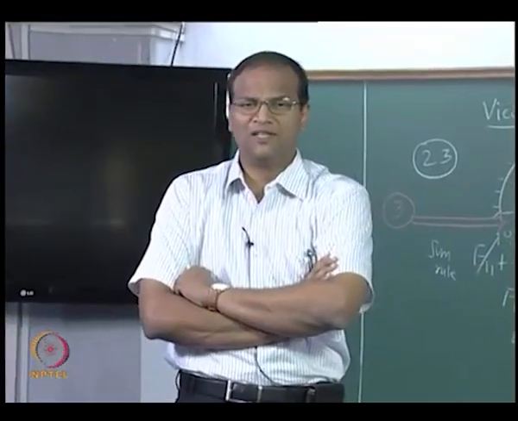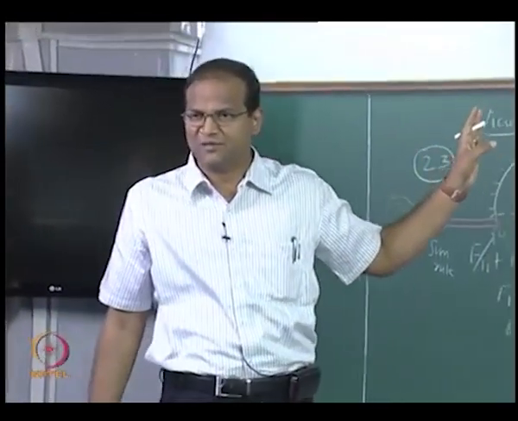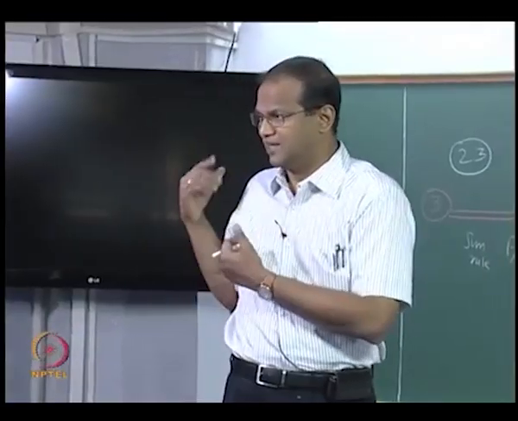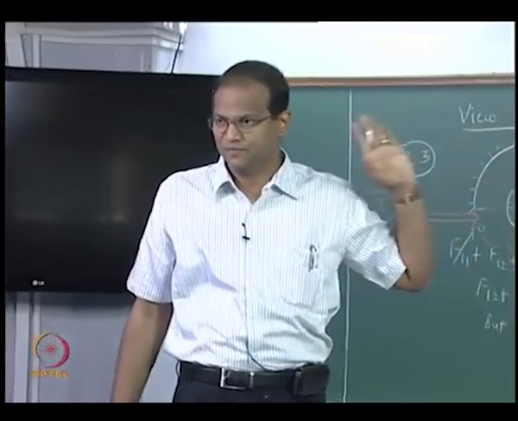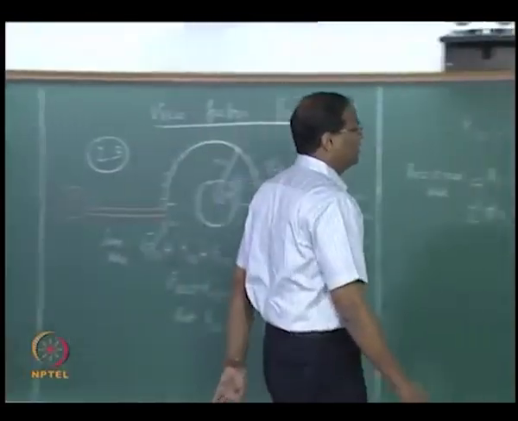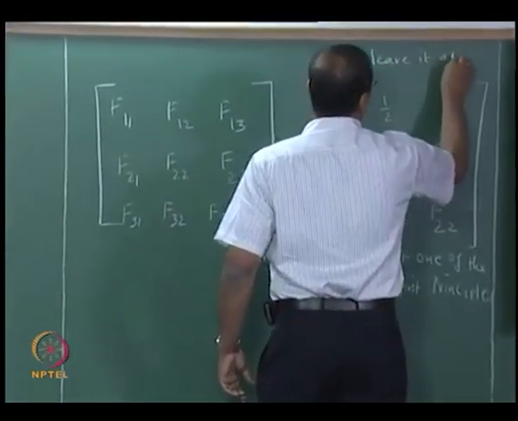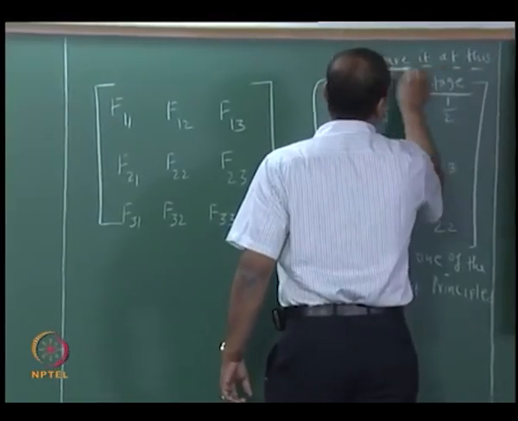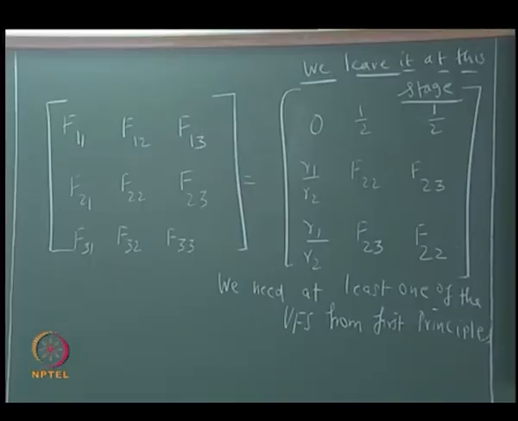Of course there are some asymptotic limits: when r1 is very small compared to r2, we can make limiting assumptions, then f2 to 2 will be equal to 1 and so on. But right now no further progress is possible, so let us leave it at this stage. We can't get all the view factors, we can get some view factors.